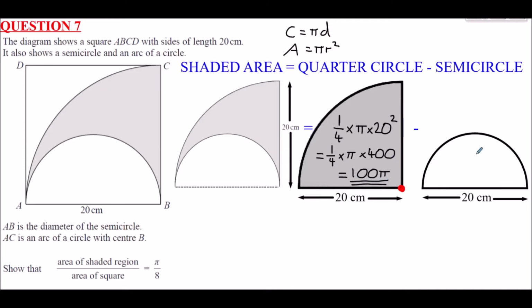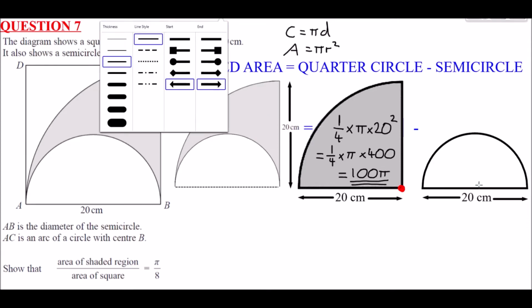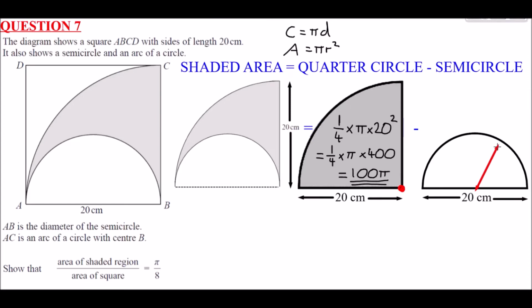The semicircle here, its diameter is 20. So what we need to think about now is what its radius would be. So radius is always half of what the diameter is. So if the diameter is 20, the radius is 10 centimeters.